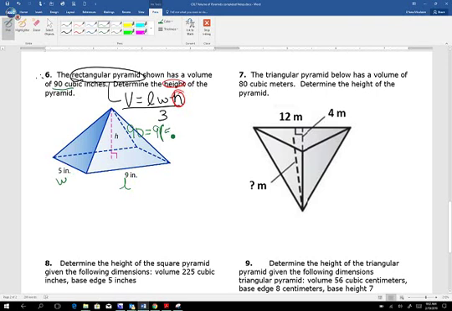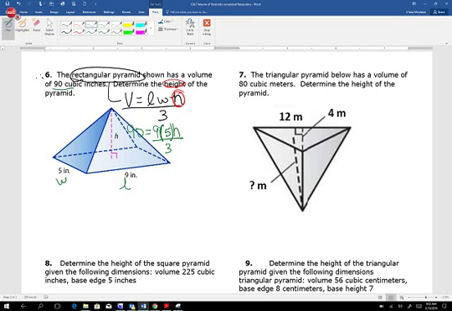The width is 5. The height is what we are looking for. This is divided by 3. We are then going to be solving the equation just as we did in Chapter 6. And I remind you that we did talk about this in Chapter 6. So the whole idea is to get the variable by itself.